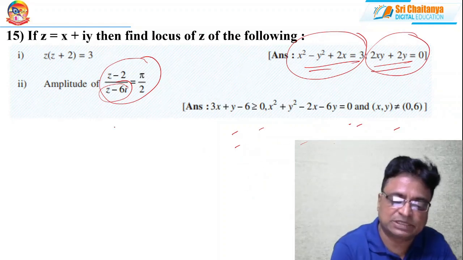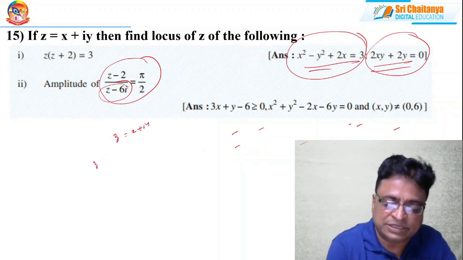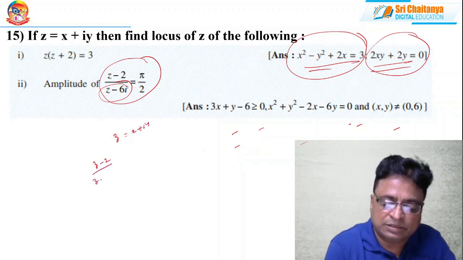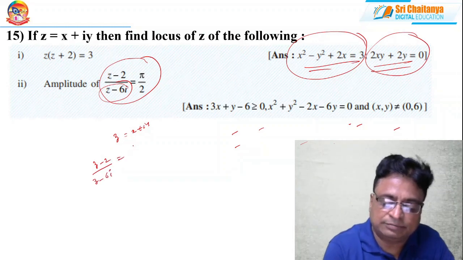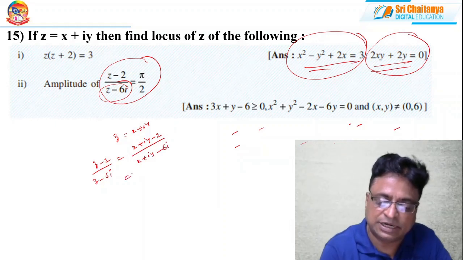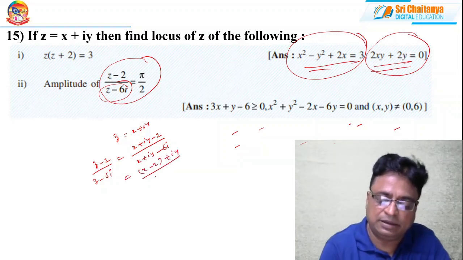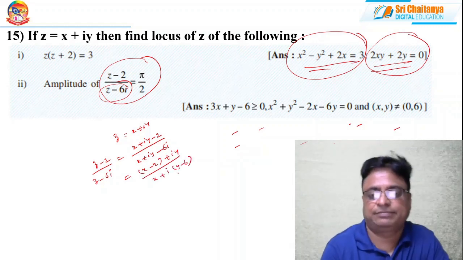If z is equal to x plus iy, then z minus 2 by z minus 6i equals x plus iy minus 2 by x plus iy minus 6i, that is equal to x minus 2 plus iy by x plus i into y minus 6.